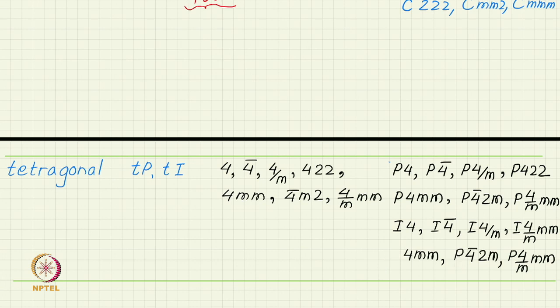These should not be repeated with P, these should be repeated with I. I just got that mistake, so let me fix this. So I 4, I 4 bar 2 and I 4 by m. As I was telling, if I put the 4 point group on a TI lattice, tetragonal body centered lattice, then I will get I 4 space group. So, similarly for others.